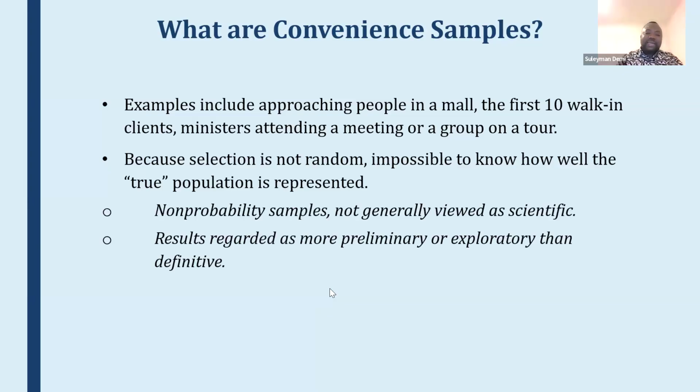So the whole idea is that it is likely that your sample may skew towards one particular group. So maybe you want to find out the number of people who like soccer, people who like football and whatever.